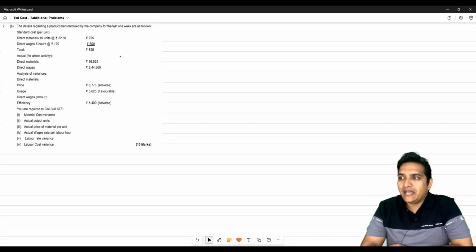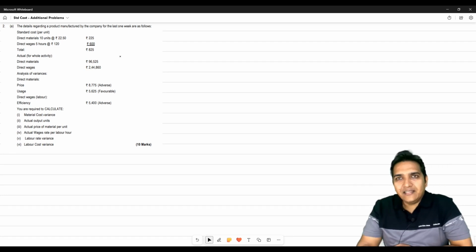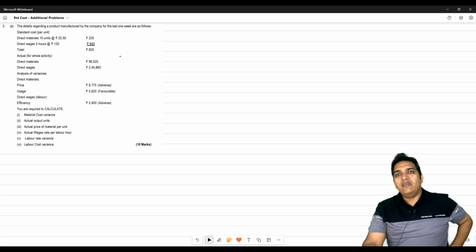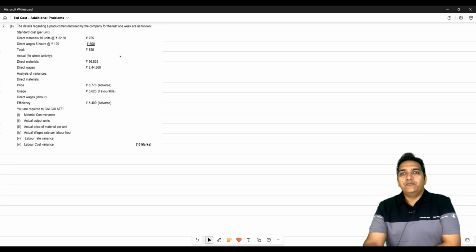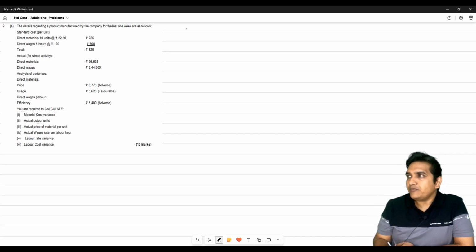You are required to calculate material cost variance, actual output units, actual price of material per unit, actual wages rate per labor hour, labor rate variance and labor cost variance. So like any other problem of standard costing, we will first start by capturing the information in our table. What is our table?